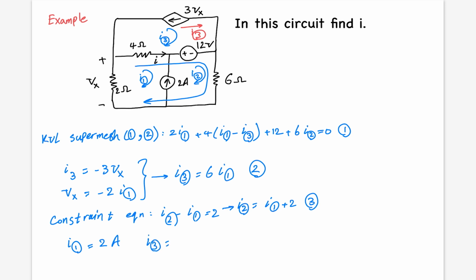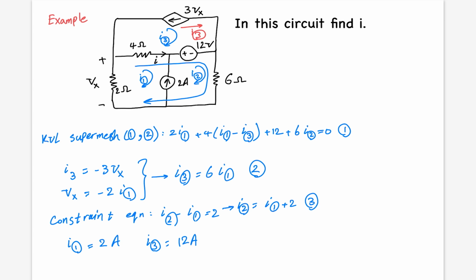I3 will be 12, right? Because I1 is 2 amperes, so if we multiply it by 6, it will be 12. And it is enough. We don't need to find I2 because the question asks us about the I.